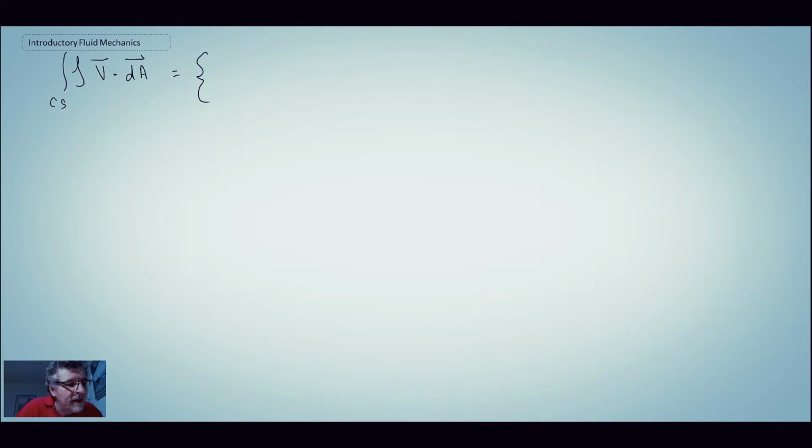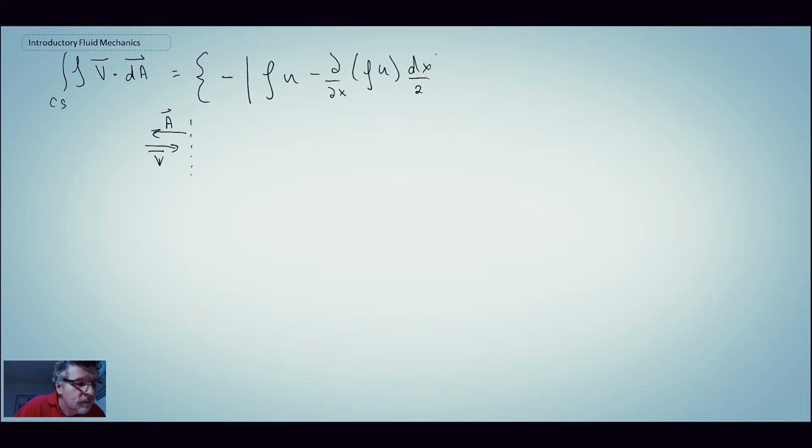The left-hand surface has the area vector pointing out in that direction and velocity in the other, so the dot product there is going to result in a negative value. And then for the right-hand surface, the dot product is going to be positive.